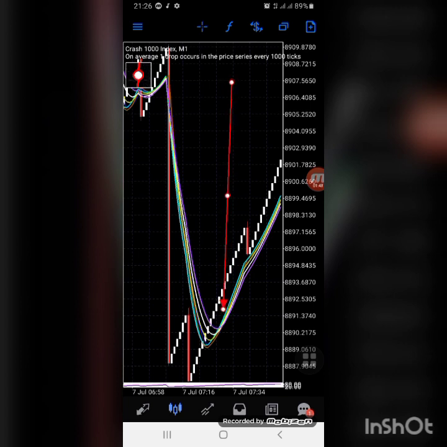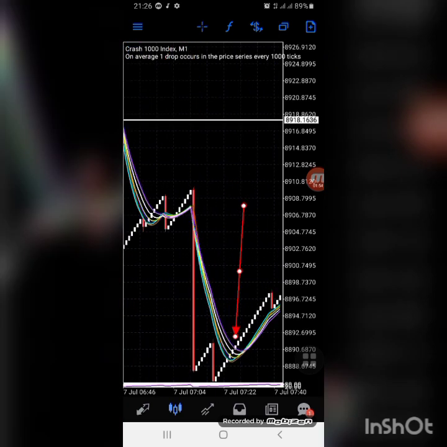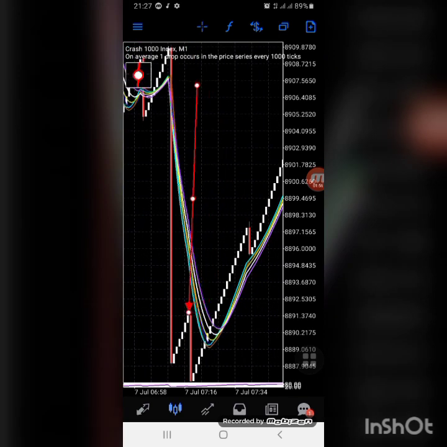This one here, the faint blue one that crossed above. That is the last one in the indicator, the one at the back. So when it comes up and becomes the one in front, that is when you will take your buy entry. I don't know if you get what I'm trying to say.